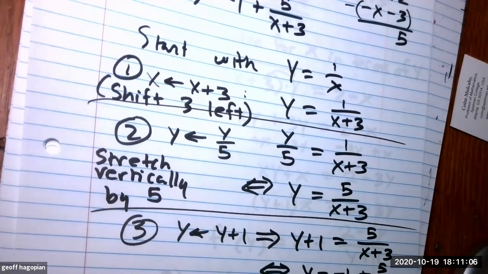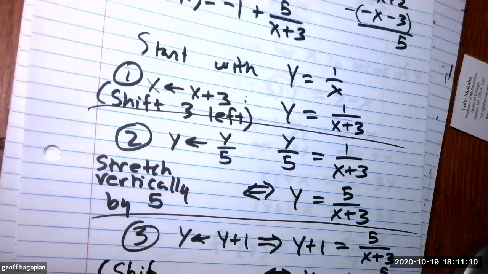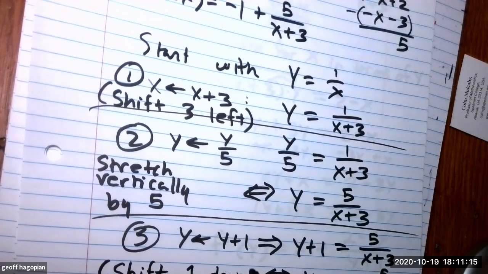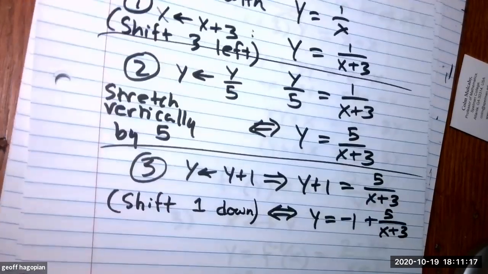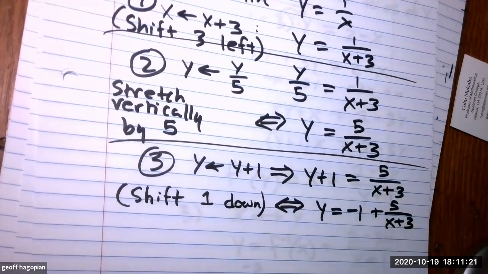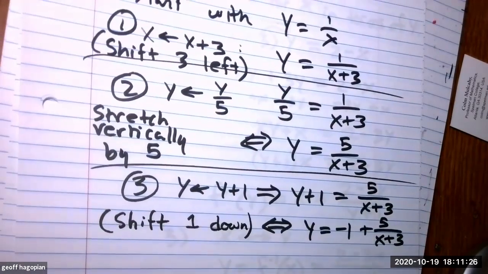Or describe it in words. That means this is shift 1 down, right? Which is obtained by replacing y by y plus 1. And then after you solve for y, you get our nice function, right? -1 plus 5 over x plus 3.